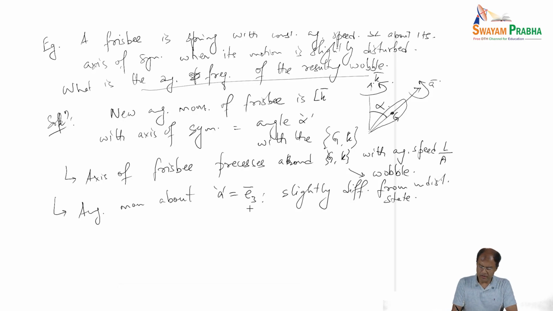So then C times omega is L naught, and in this case the precession rate is C omega by A, and this is my angular frequency of the wobble.